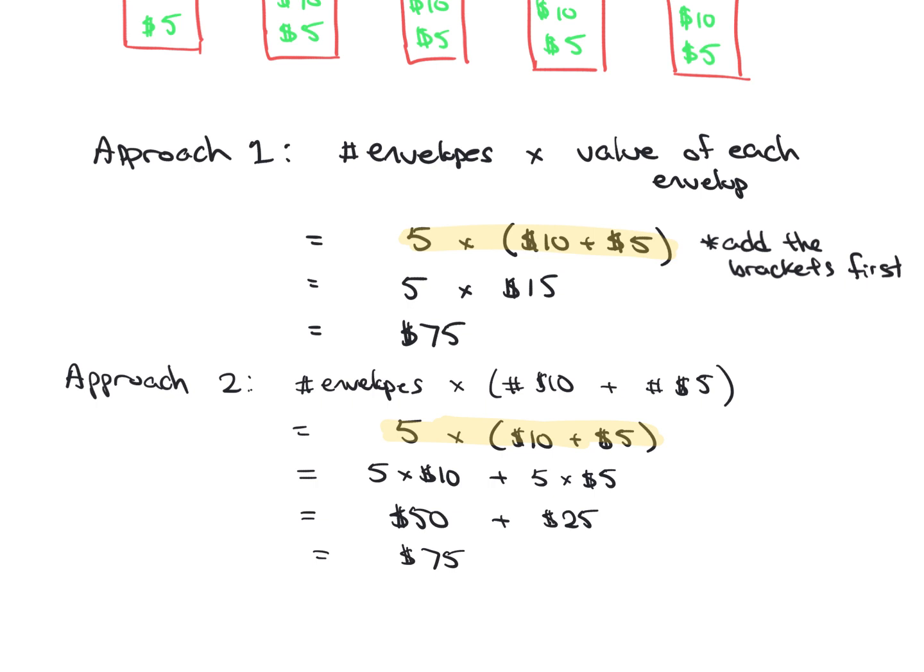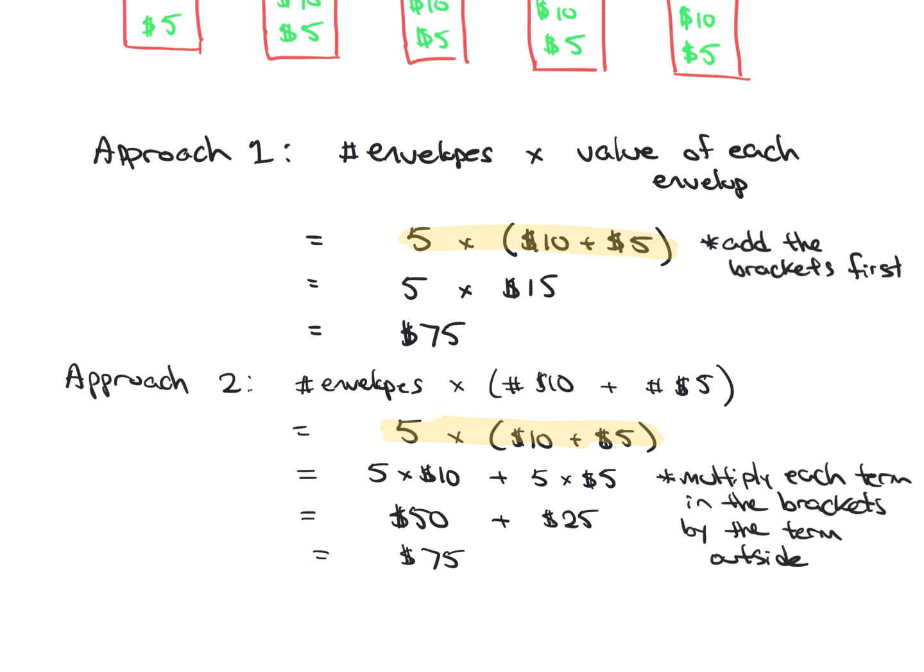Instead of adding 10 and 5 first, I actually multiply each item by 5. So this I'm going to call multiply each term in the brackets by the term outside. And they both lead to the same answer of $75.